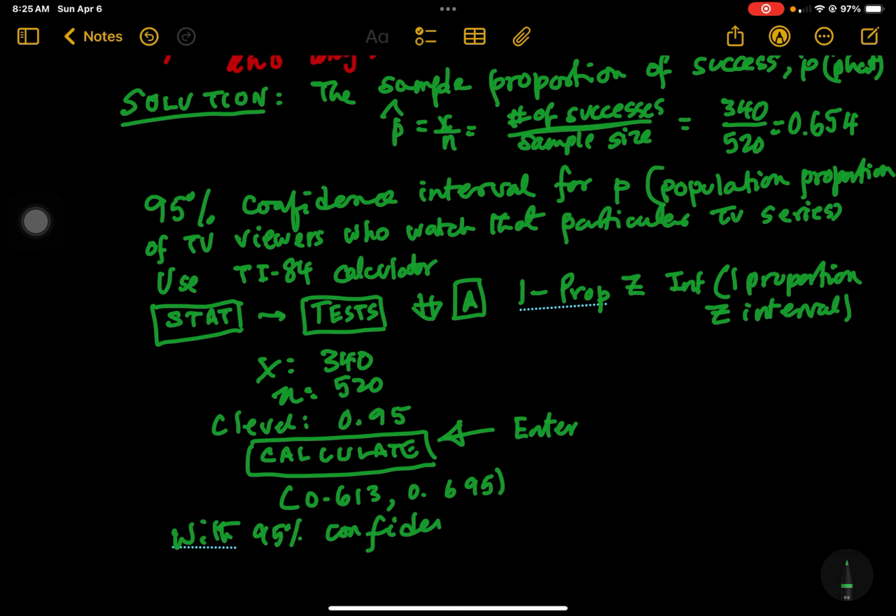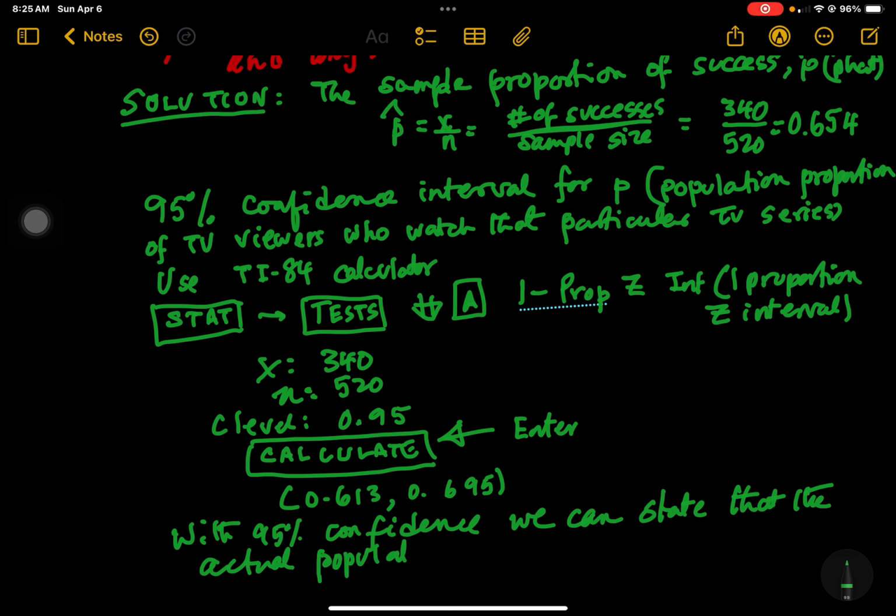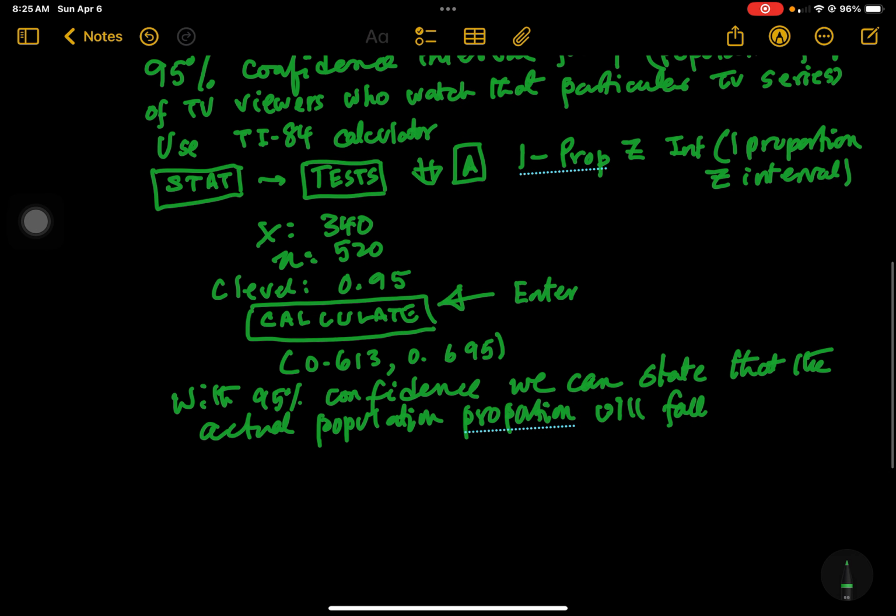With 95% confidence, we can state that the actual population proportion will fall between 0.613 and 0.695. Okay, so that is your answer for part A.